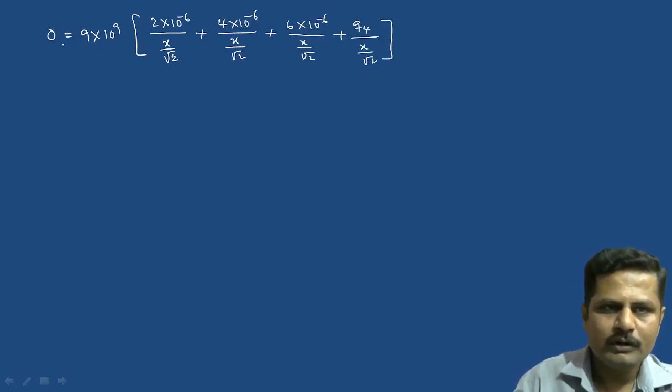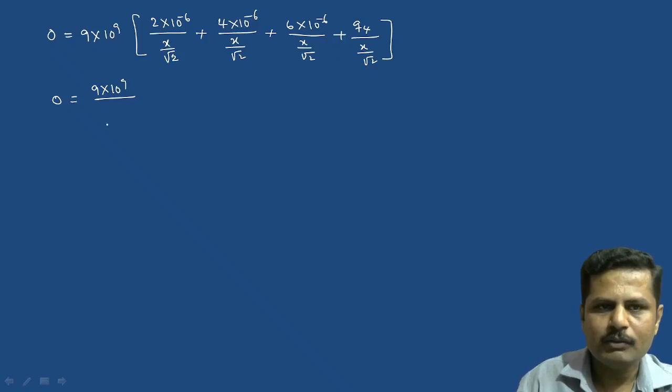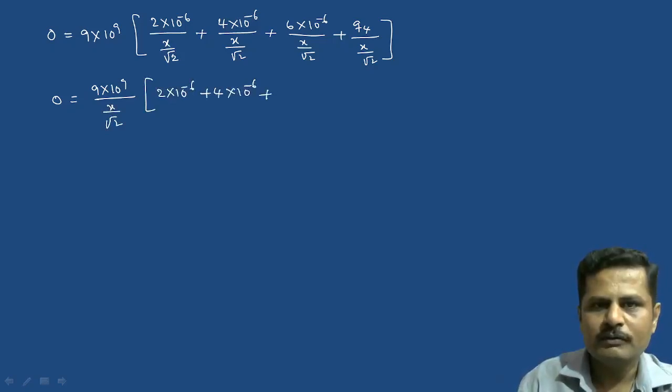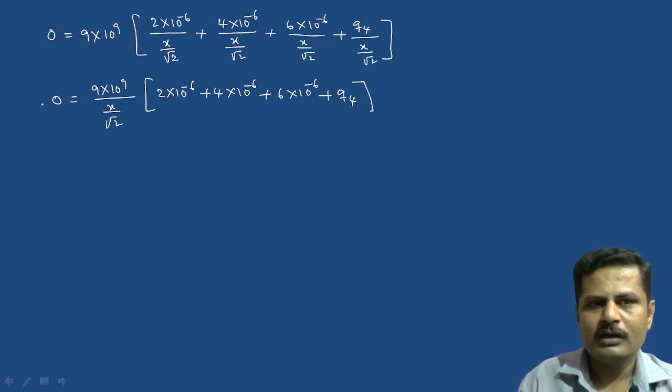So now if this is equal to 0, then we can write directly that 0 equals 9 into 10 raised to 9 divided by, let me take x by root 2 outside, x divided by root 2, thereby we can get 2 into 10 raised to minus 6 plus 4 into 10 raised to minus 6 plus 6 into 10 raised to minus 6 plus Q4. So now if this comes to the LHS, it will become 0, 9 into 10 to the power of 9, if I take this to the left hand side it will become 0.